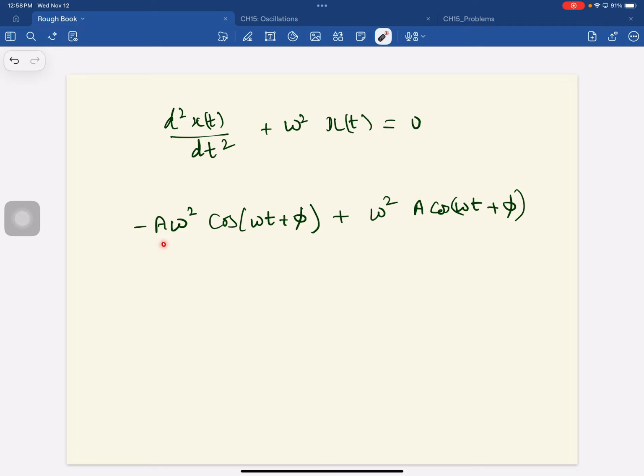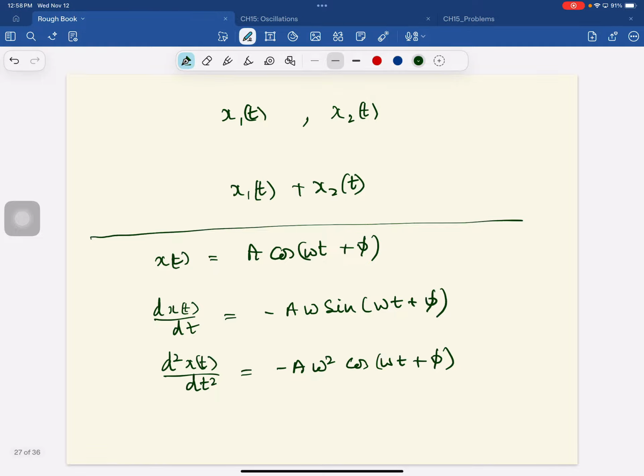And you see this is negative and this is positive. This plus this is indeed 0. So that was a correct solution.